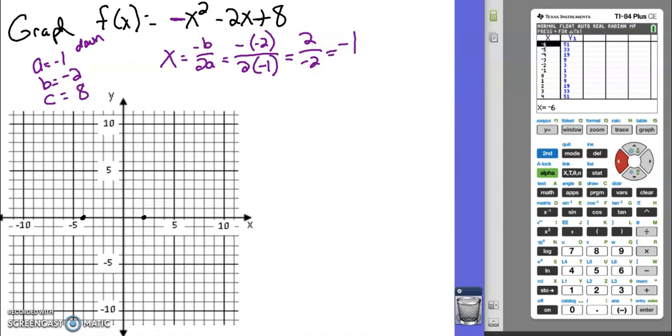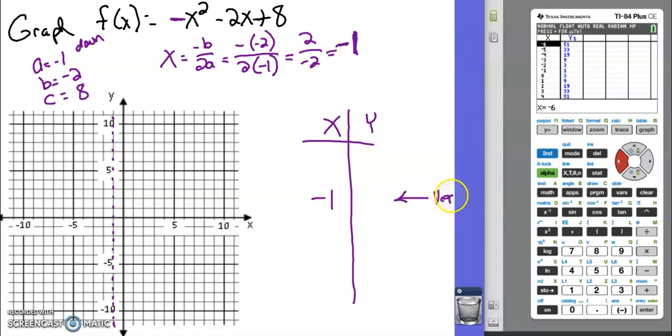So we have another axis of symmetry at -1. And the very first point I would substitute is -1. Remember, if you substitute whatever the axis of symmetry in, then this will be the vertex. That's how you find the vertex, because the vertex has to be on the axis of symmetry.